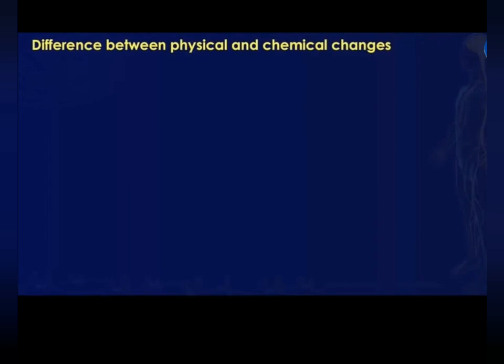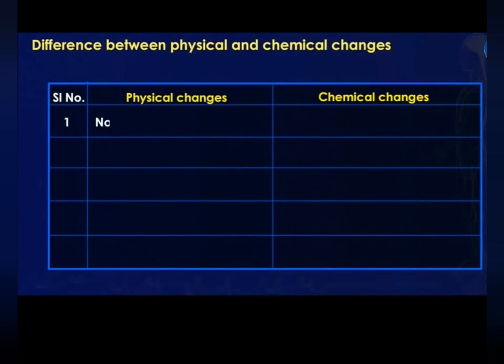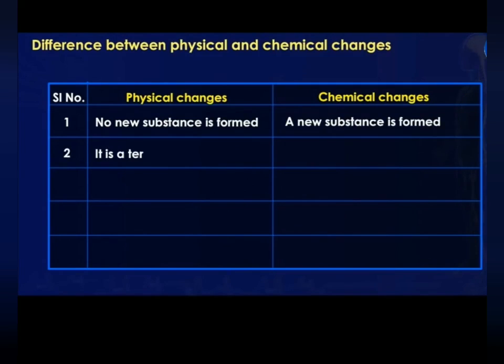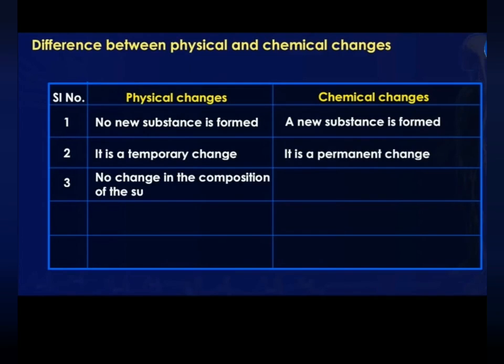Difference between physical and chemical changes. Number 1. No new substance is formed. A new substance is formed. Number 2. It is a temporary change. It is a permanent change. Number 3. No change in the composition of the substance takes place.